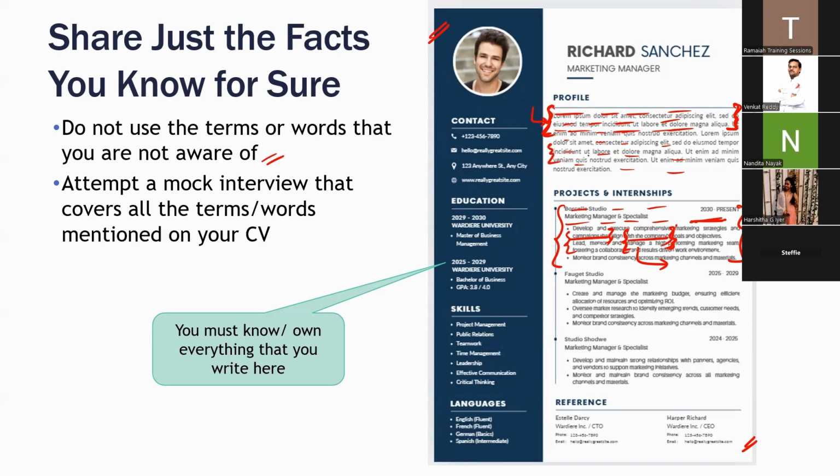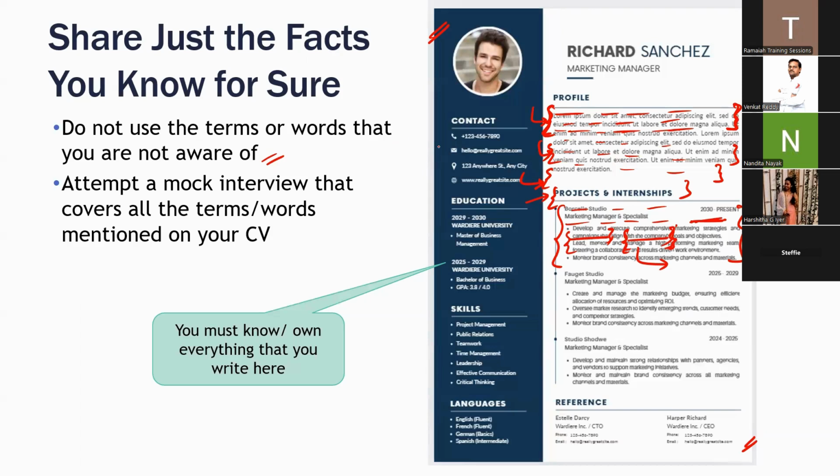For everything that you have written on your CV, make sure that you question yourself, and only if you have the answer, keep it. If I ask a very obvious question and you do not have the answer, try not to mention it. It's better to ignore what we do not know and keep only things that we are 100% sure of. Okay.